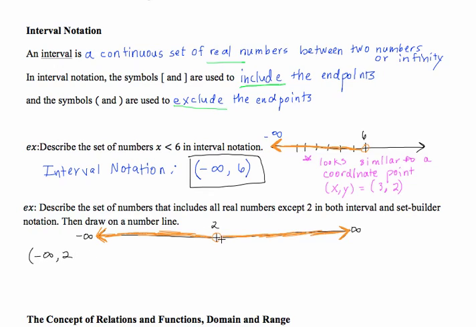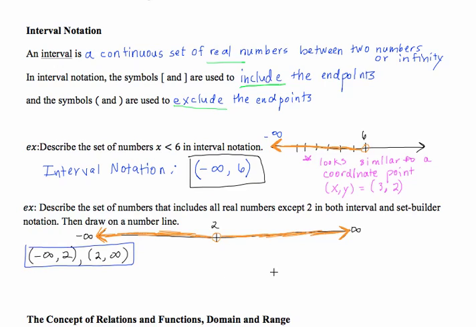I'm not going to include 2, so I'll put a parenthesis, comma, because now there's a second set. The second set goes from 2 all the way up to infinity. Again, I'm not including 2, so I'll put a parenthesis, 2 to infinity. So here is the set in interval notation.